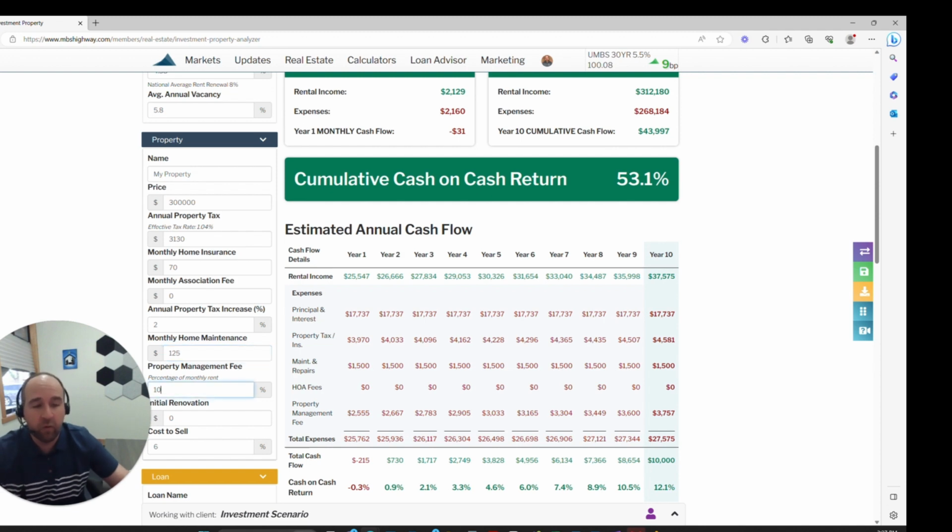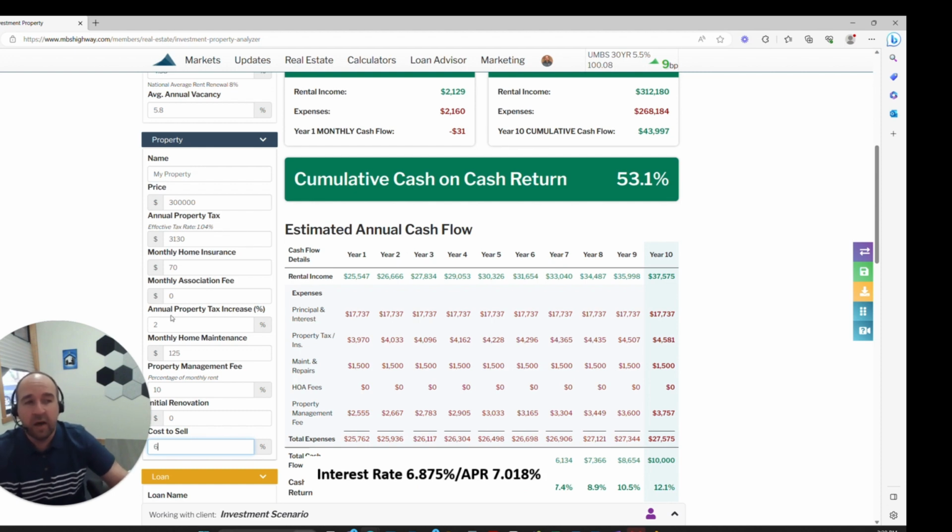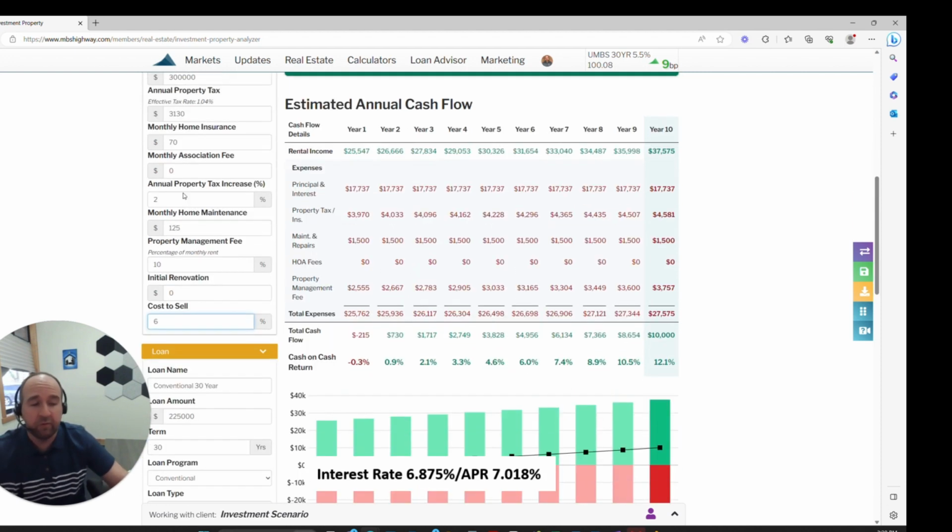We need to plan for the management fee if a property manager is going to be handling that for you. And then we also need to plan for the future down the road when you sell the property. If you sell it with a real estate agent and they charge you a percentage of the sales price, it's customarily around 6%. We need to factor that into our equation. So category number two, property, we've got that accounted for.